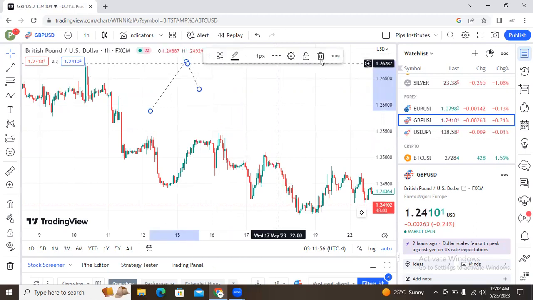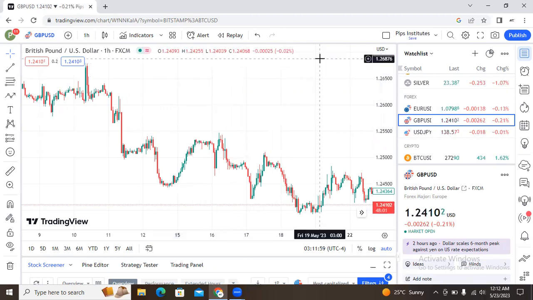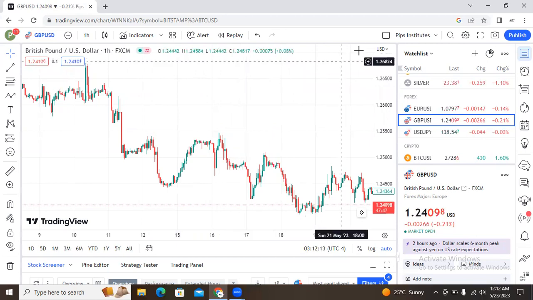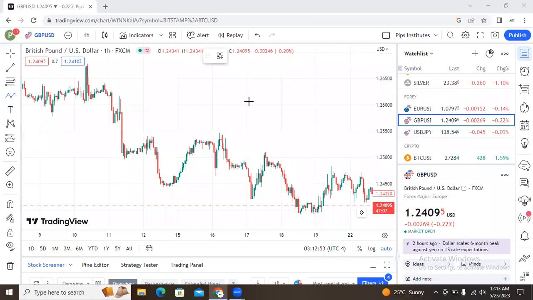Okay, so that's that for a bearish mitigation block. So now let's go to a bullish mitigation block. In a bullish mitigation block, what we expect to see is this.